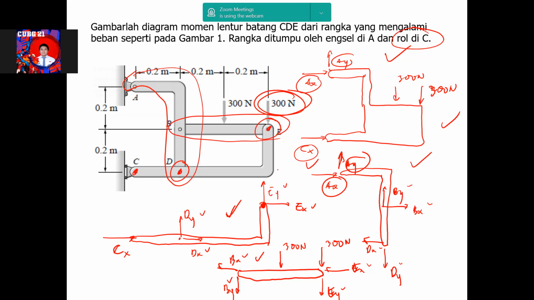The EY value will be different for every case that we choose, 300 Newton all at PE, or 300 Newtons all at CDE, or 150 at PE, 150 at CDE, like that. The EY value will be different, but in total, the force which is happening at pin E at both member CDE and member PE will be the same.